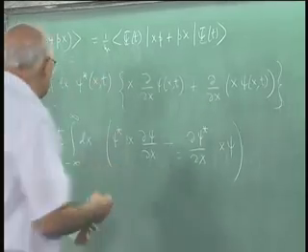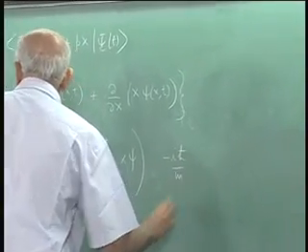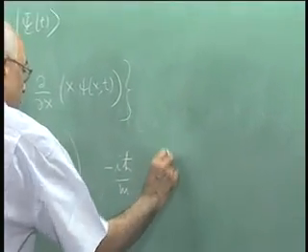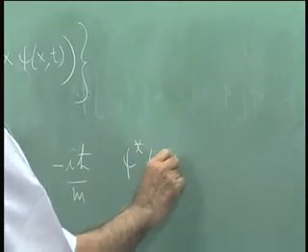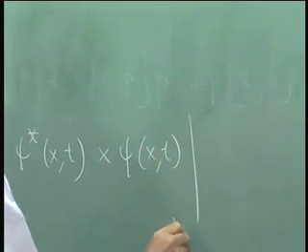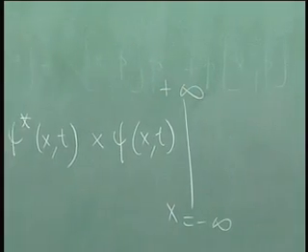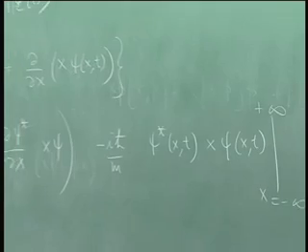And what did I leave out? I left out minus i h cross over m, psi star of x comma t, x psi of x comma t, evaluated at x equal to minus infinity to plus infinity. That was the surface term I got by integrating this term.